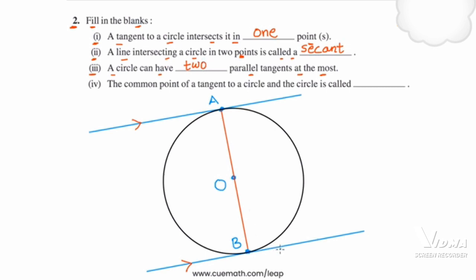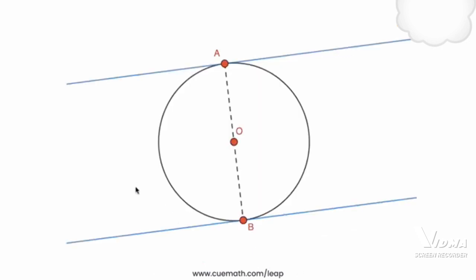Let me also help you visualize this part better by showing you a simulation of this situation. So here's a simulation which shows a circle with center O and a diameter AB, and the tangents at A and B are drawn, and you can see that they are parallel.